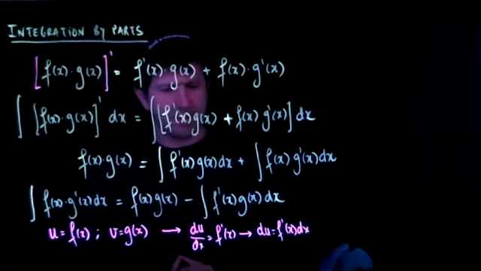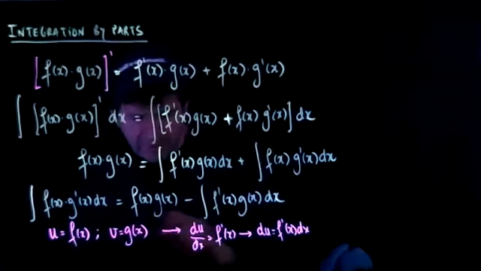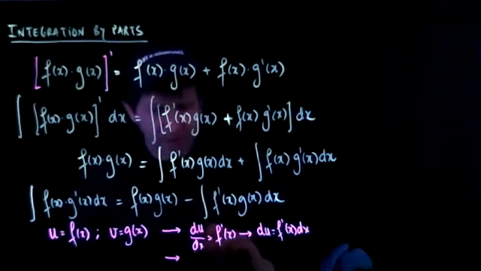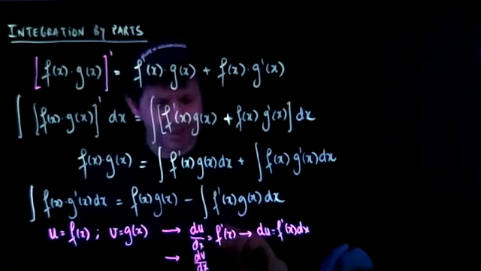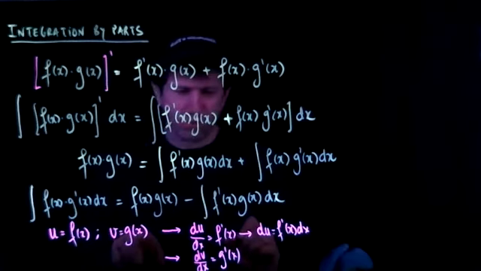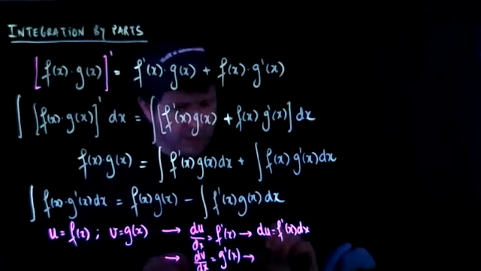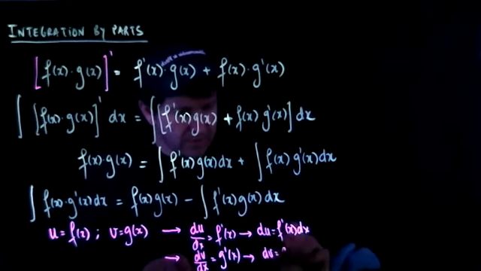And for dv, same idea. dv dx is equal to g prime of x, right? dv dx is g prime. Therefore, dv is g prime of x dx.